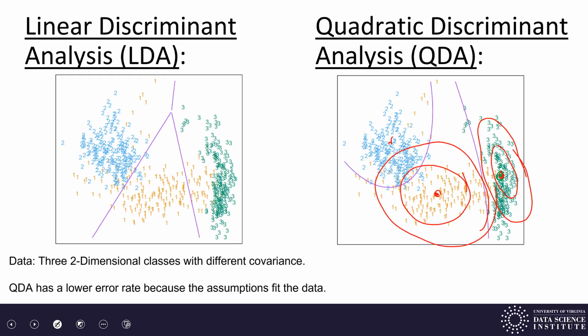And then for the 2s, maybe there's the mean for the 2s, and the covariance matrix, the distribution for the 2s, would look like that. So just from sketching and thinking about the geometry, we have what appear to be 3 different covariances, and QDA seems to be doing a better job giving us separations between these classes, where the separations seem to be quadratic or parabola-like instead of the linear LDA separations.